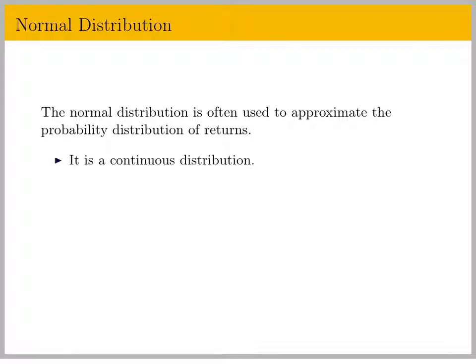So the normal distribution is a continuous distribution, it's not discrete, so that means a normal random variable can take any number in the real line, anything between -infinity and +infinity. The normal distribution is also symmetric, so it has as much mass below its mean as it has above the mean, and the balance point would be right in the middle at the mean.